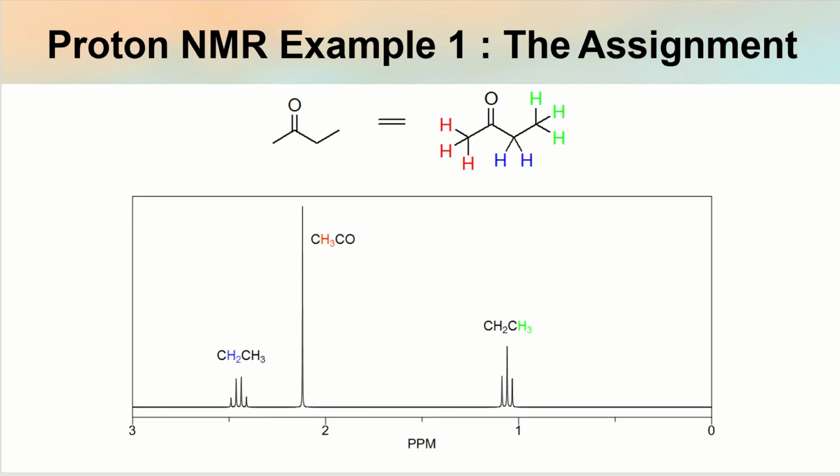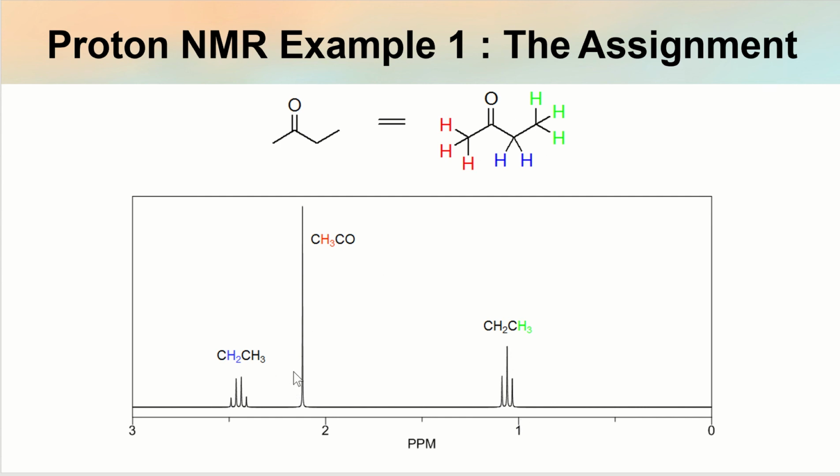All right, so we have already gone through the assignment, right? And also one thing we didn't even mention was the integration, right? The area under the peak would also confirm which peak is associated with which groups of protons.